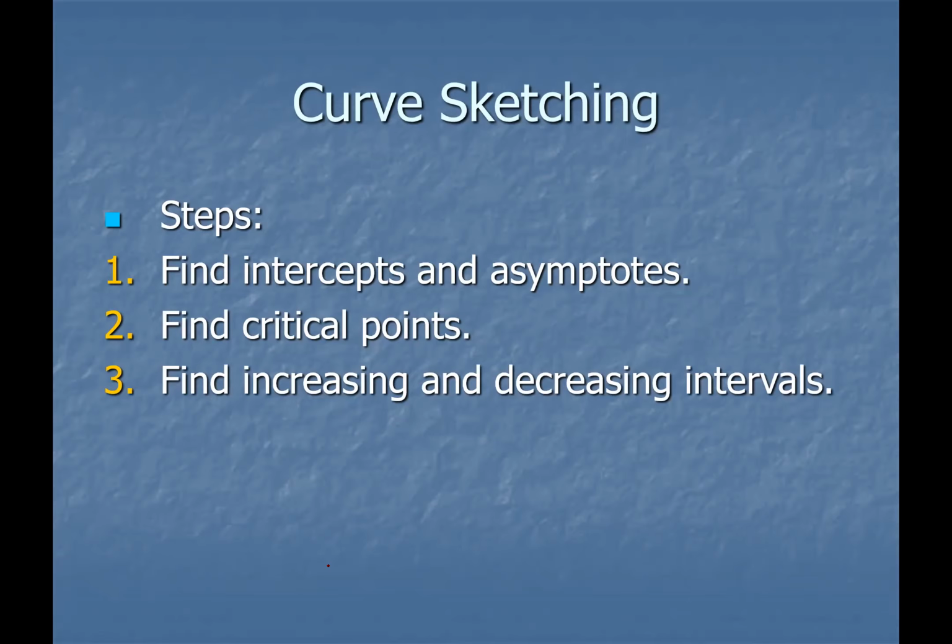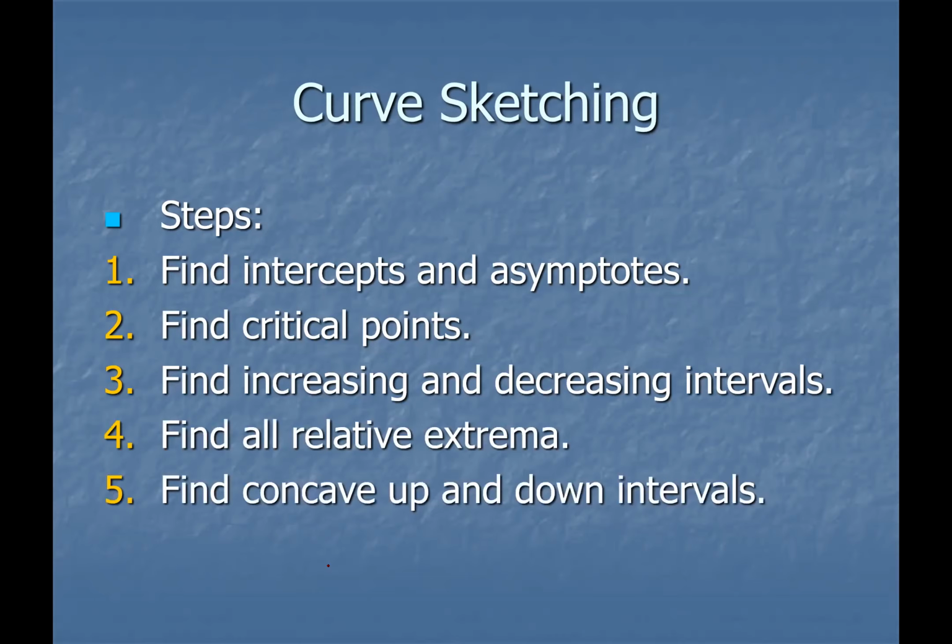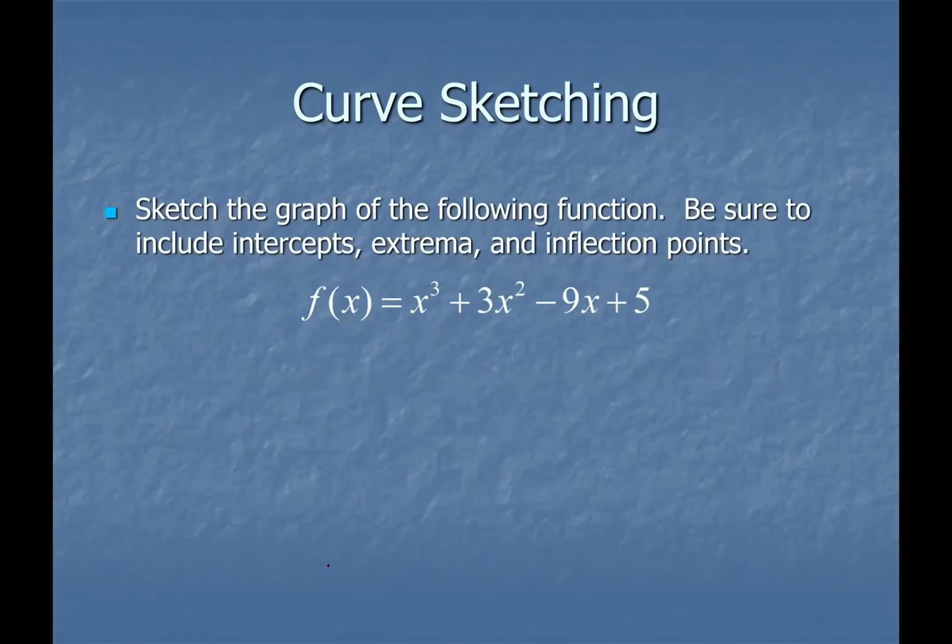Then find relative extrema, and concave up and down by using f double dash. Find all inflection points. If f double dash equals 0, this will be an inflection point if the curve before it is up or down, and after it is the opposite.